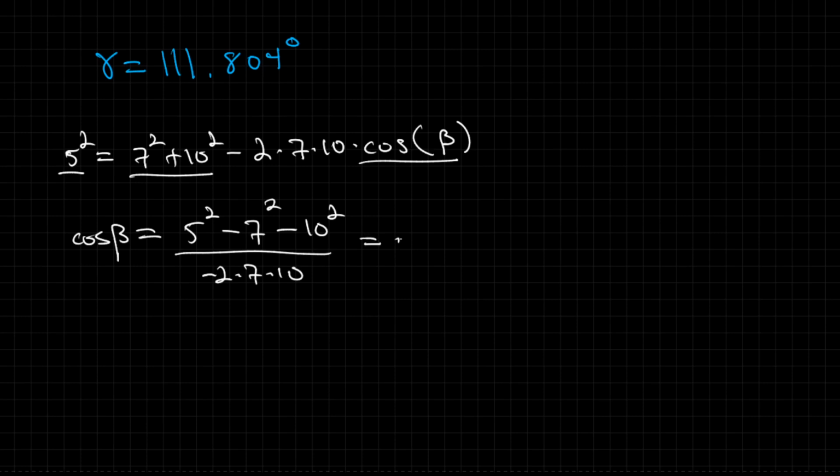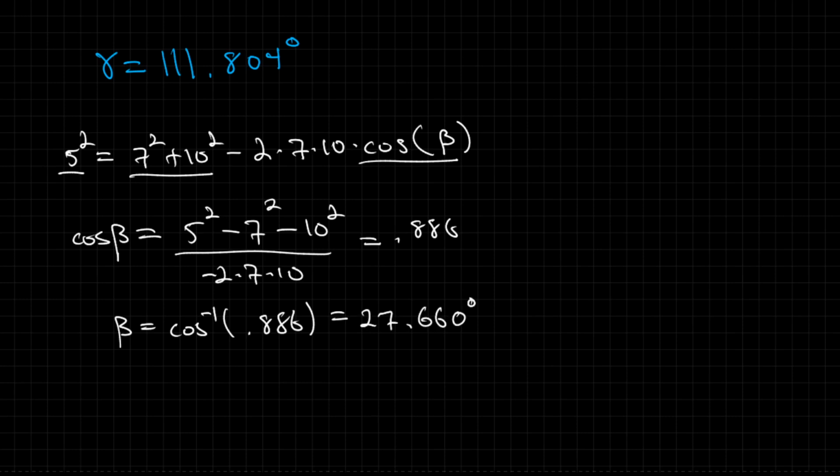And this ends up being 0.886. And so beta, that's going to be cosine inverse of 0.886, and that's equal to 27.660. And again, I have this added caveat here that these are approximate answers.